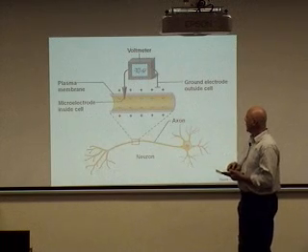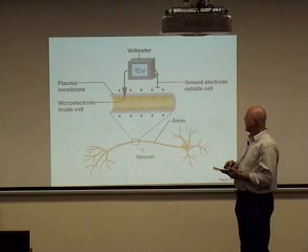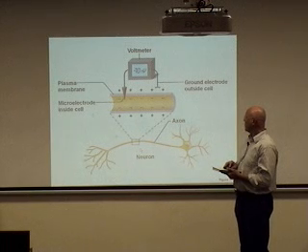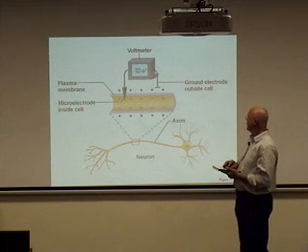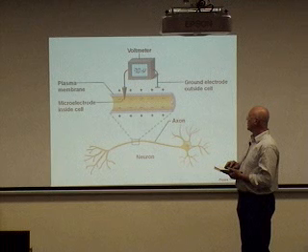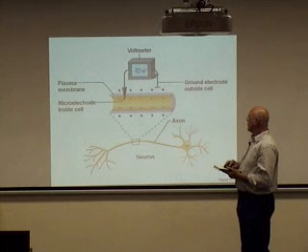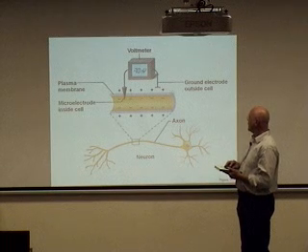If we take a look at it here, here's a neuron, and in this neuron we have placed a microelectrode. We've blown this area up, and we can see that the interior of the neuron, just inside the membrane, has a negative charge compared to the outside of the neuron that has a positive charge.